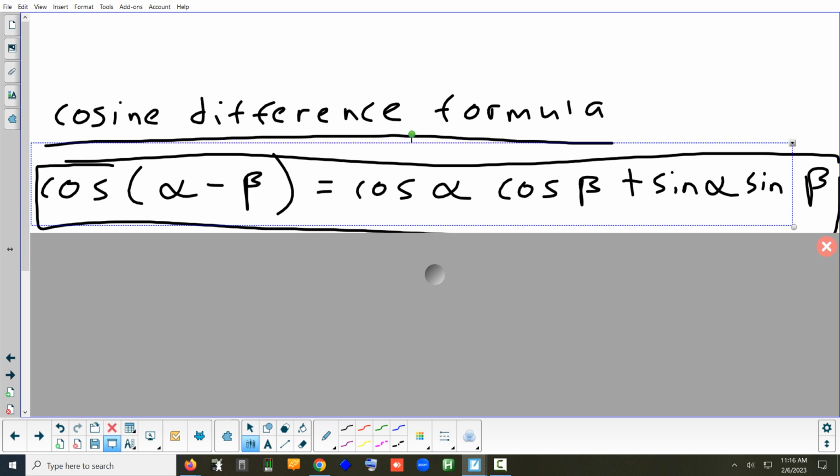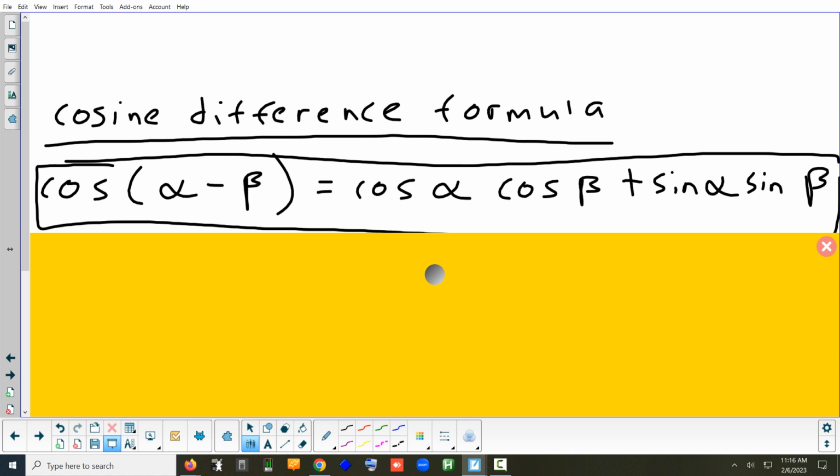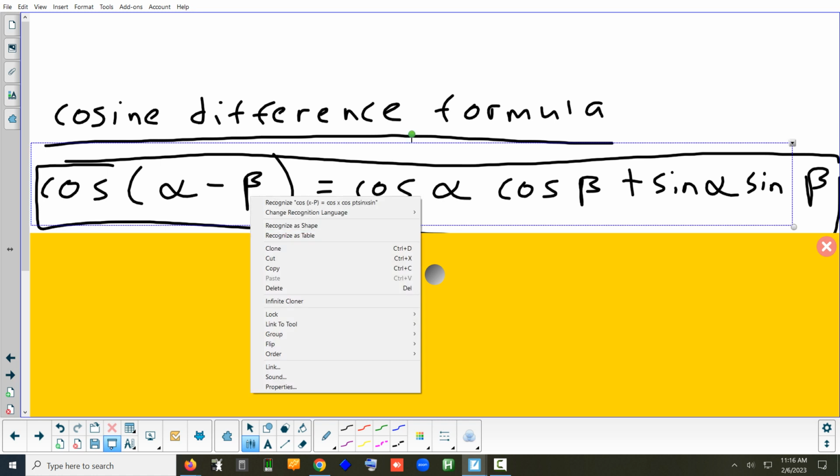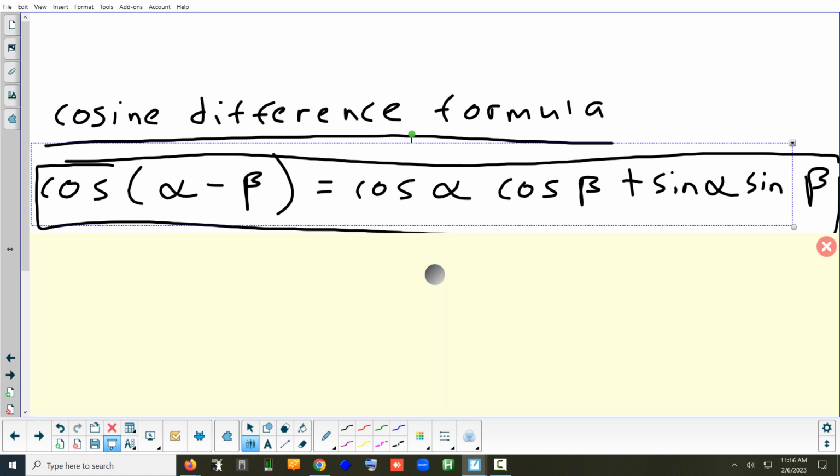So these two, alpha and beta, would represent angles, like 30 degrees minus 10 degrees, or something like that. And if you have the cosine of a difference, this is what it turns into. And everything with sines and cosines pretty much turns into something like this.